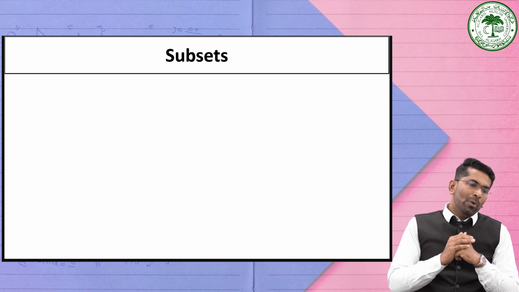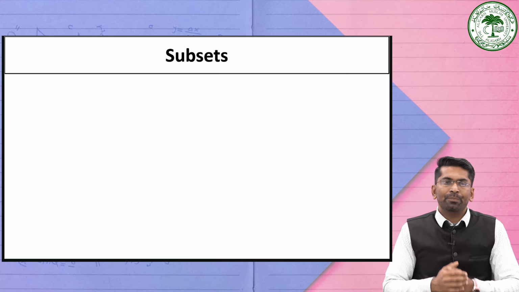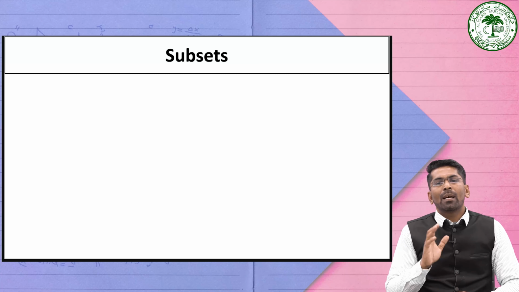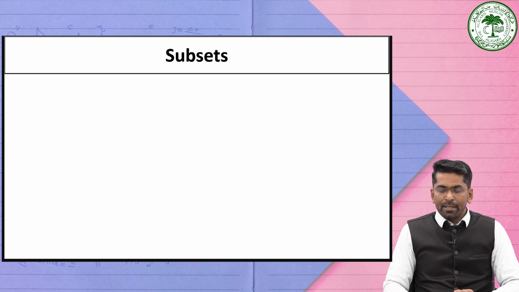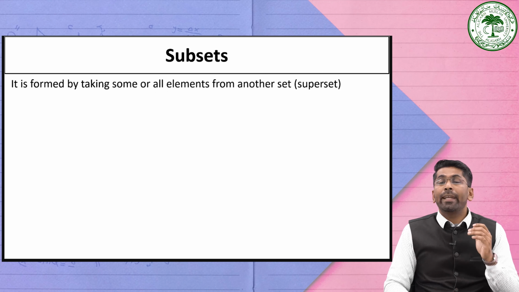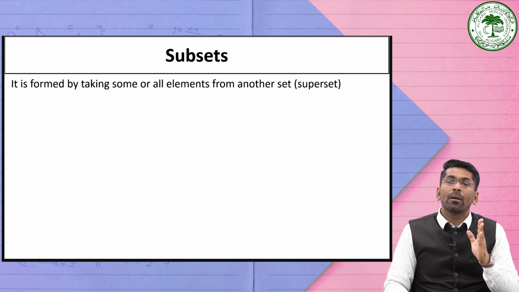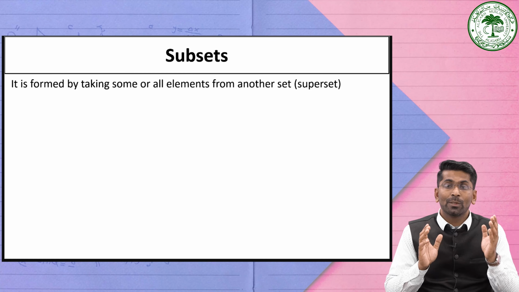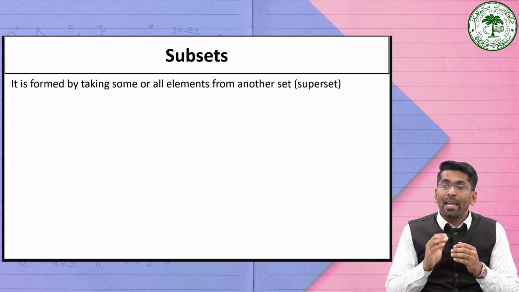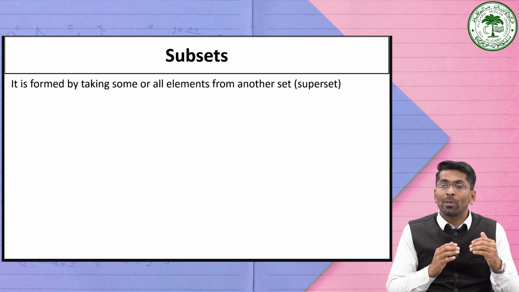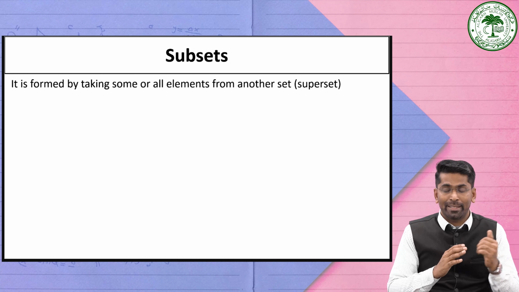Consider another type of set which is known as a subset. A subset is a set which is formed by taking some or all the elements from another set, which is called a superset. So in this case, every element of the subset is also an element of the superset.